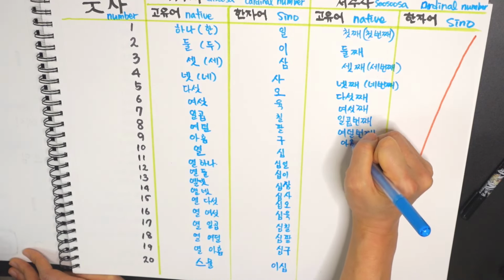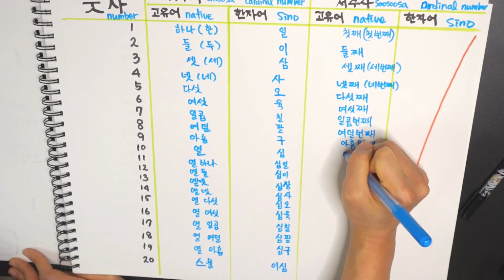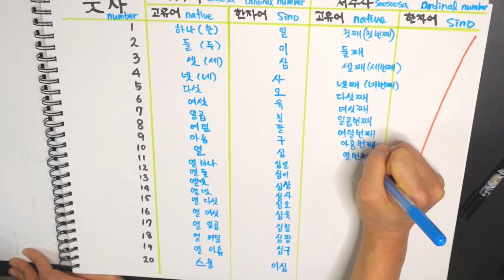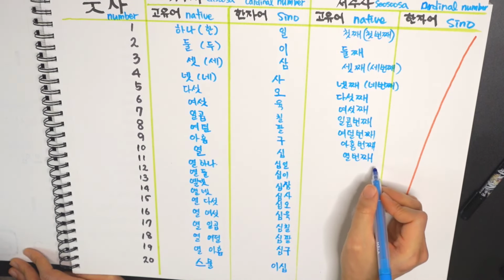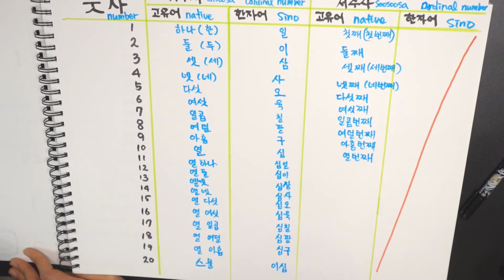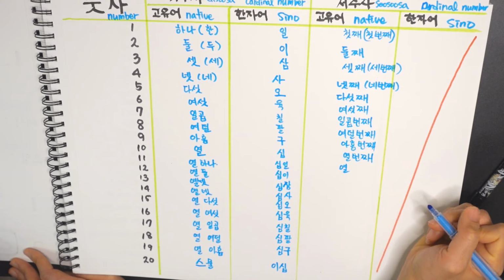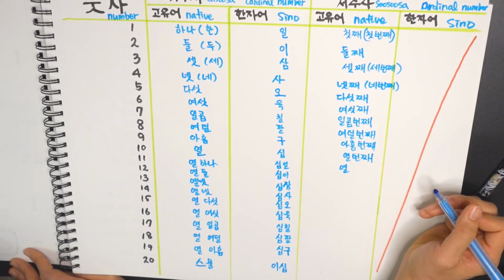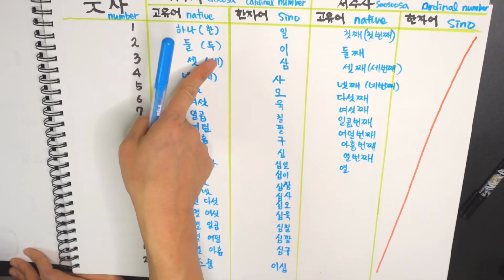We have 아홉 번째. We have 열 번째. So we are just putting 번째 after the word here for the native. Okay? And 열. Okay, this is very important. We're not going to be using 하나, 둘 anymore. We're going to be using the ones in the brackets.